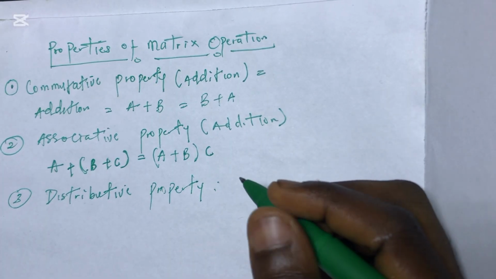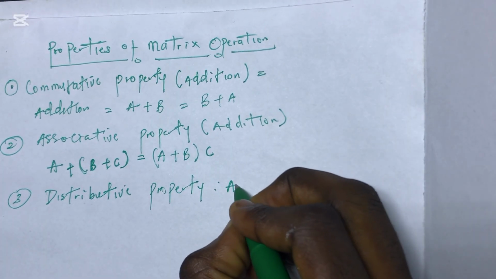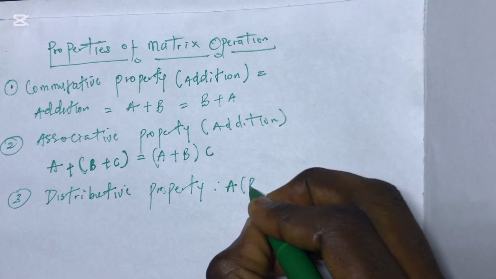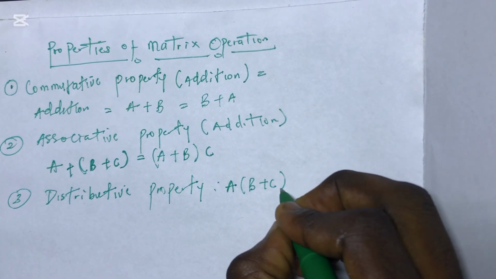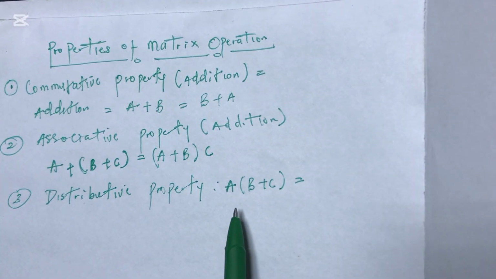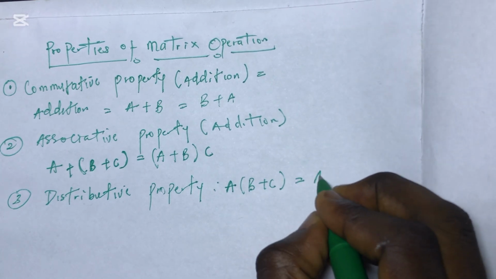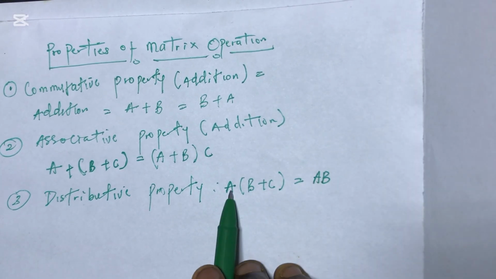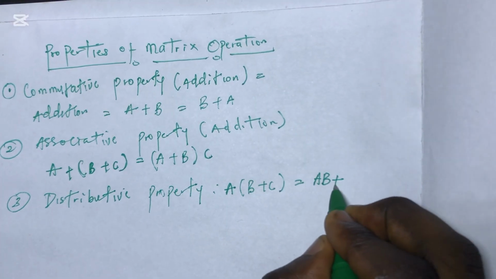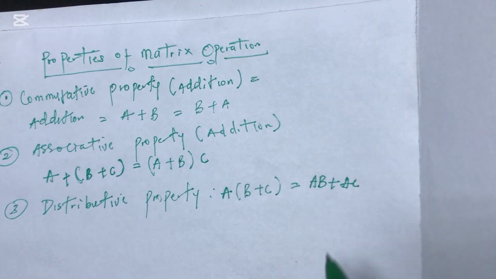A into (B plus C) is equal to, if you expand this, A times B, we have AB, A times C, we have AC. That means you are distributing it.